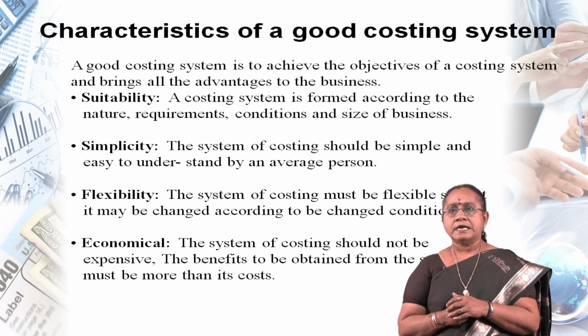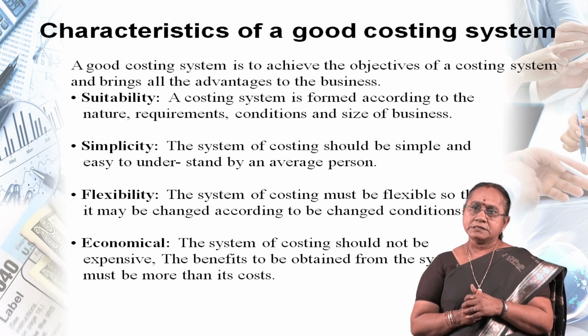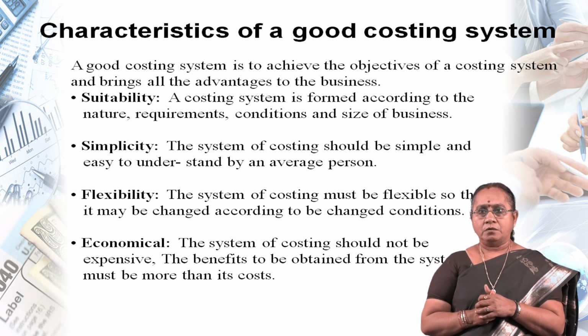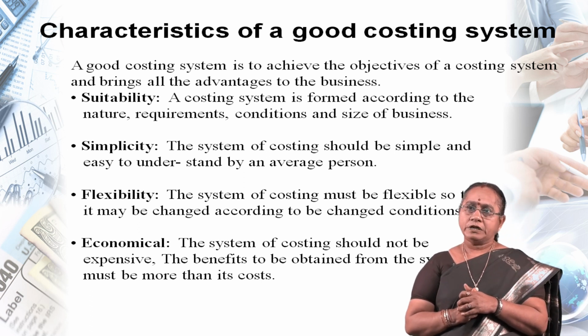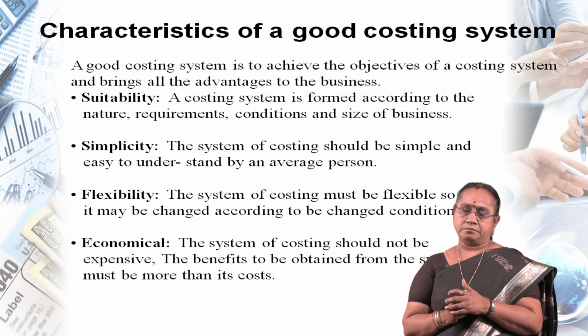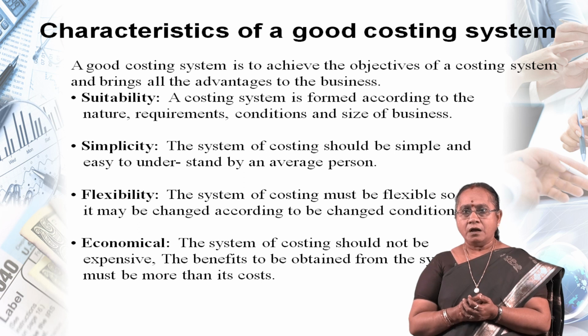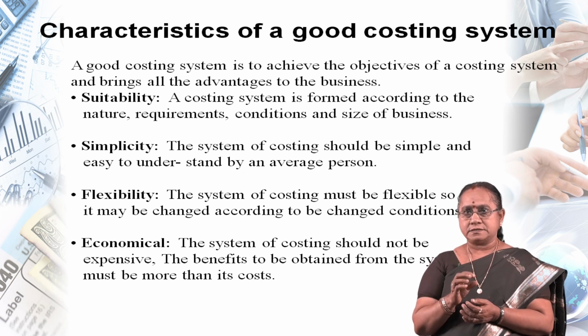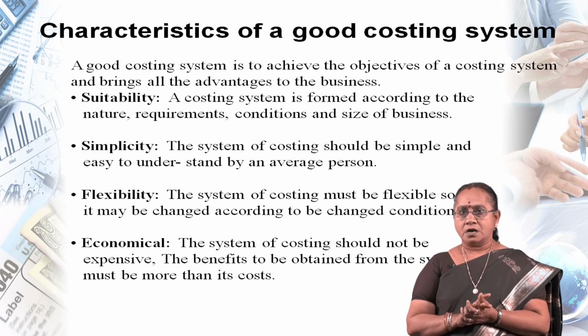Then we come to the characteristics of a good costing system. Each and every business, mostly small business, due to the expensive nature, is not willing to install a costing system. But large organizations will install a costing system, and there are certain characteristics which are prerequisites to this costing.